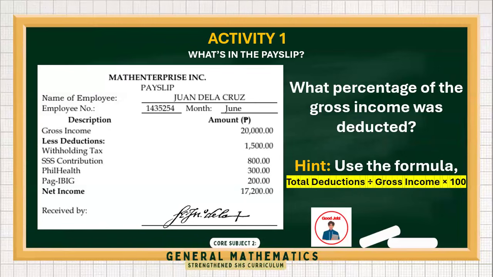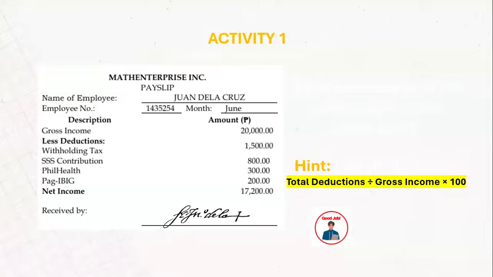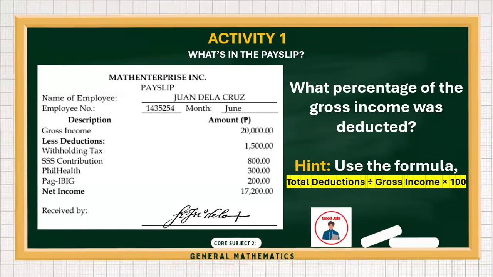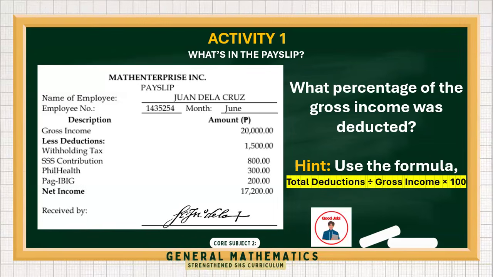Now, what percentage of the gross income was deducted? So to find the net income, we subtract the total deductions from his gross salary. Now let's compute the percentage. So to get the percentage, we have total deduction divided by the gross income.